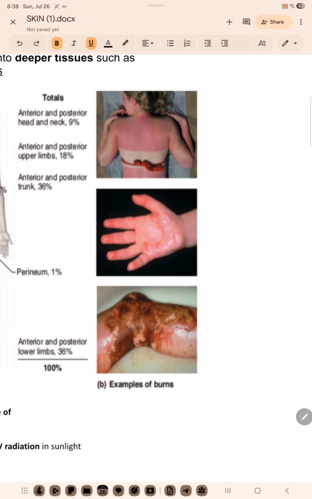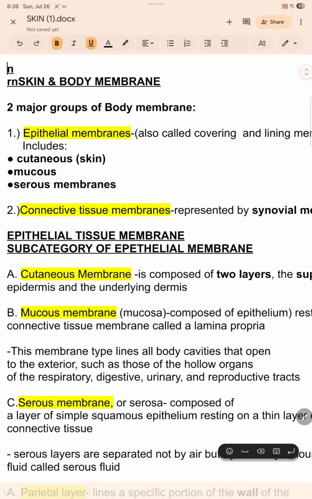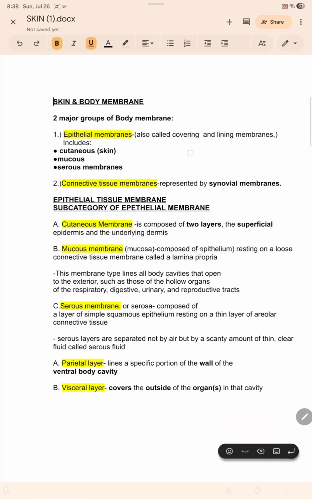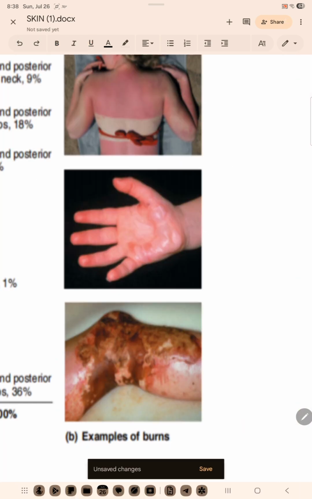So these are the burns: the first degree, second degree, and the third degree, where our skin turns gray, blanched, or even black, because the epidermis and dermis are very damaged. So our skin appears blanched or blackened.